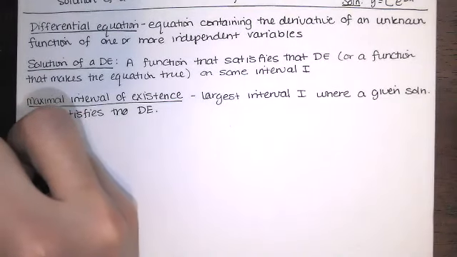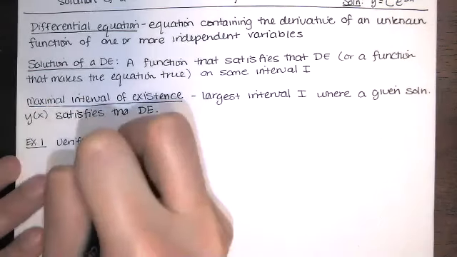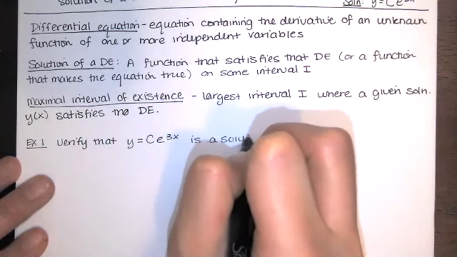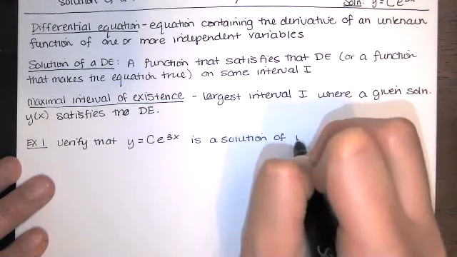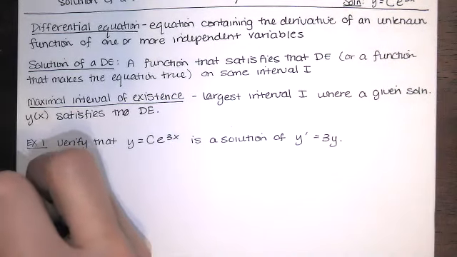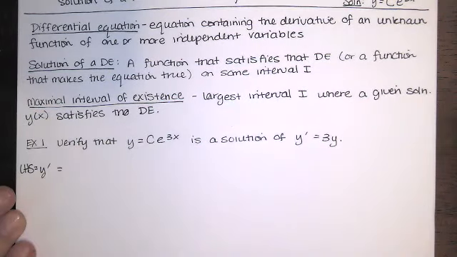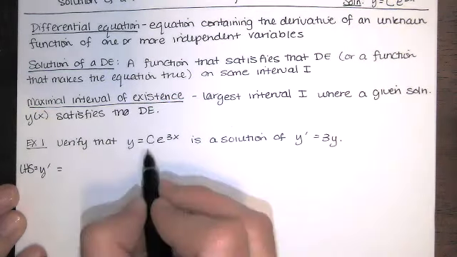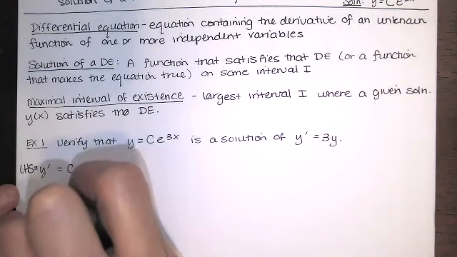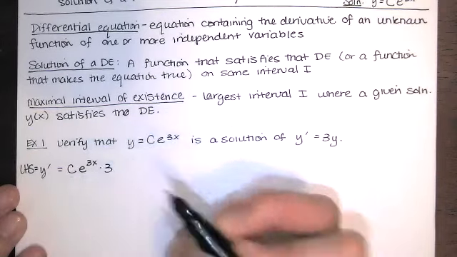So as our first example, let's verify that y equals c times e to the 3x is a solution of the differential equation y prime equals 3y. Well, first we'll compute y prime. So this is the left-hand side, and I'll use LHS as an abbreviation for left-hand side. Left-hand side is y prime, and we're assuming y is equal to this. So we've got a constant times the derivative of e to the 3x, which is e to the 3x times the derivative of the inside, which is a 3.